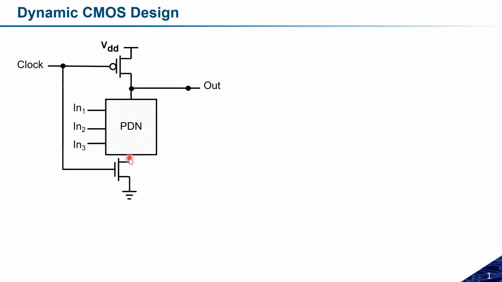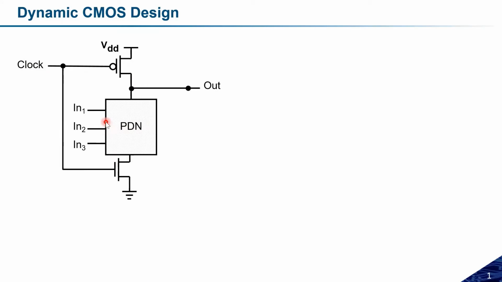So one transistor is between VDD and the output, and one transistor is between the pull-down network and the ground, and these two transistors are connected to an additional signal, which we call the clock. Based on this clock status, this particular circuit will work.